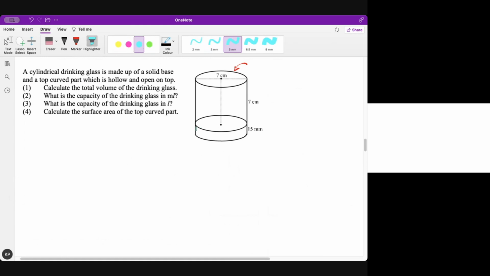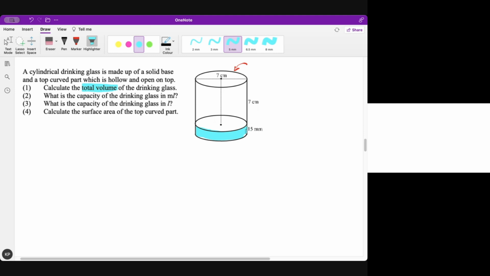Solid base means this is all glass. Have you guys seen glasses like that, where they have a little bit at the bottom that is just thick glass, and then the open space starts? Are we with me? Calculate the total volume of the drinking glass.